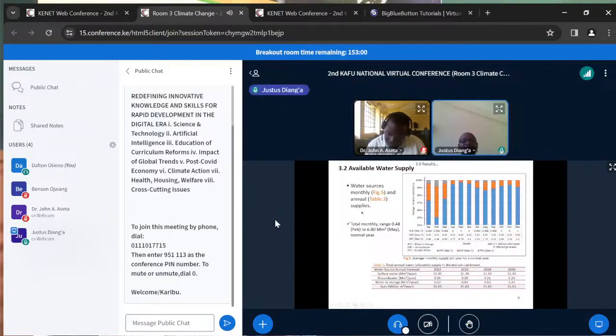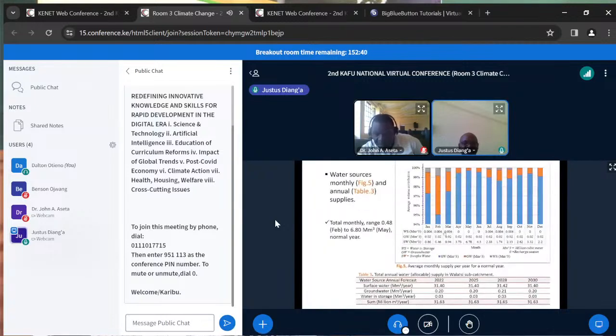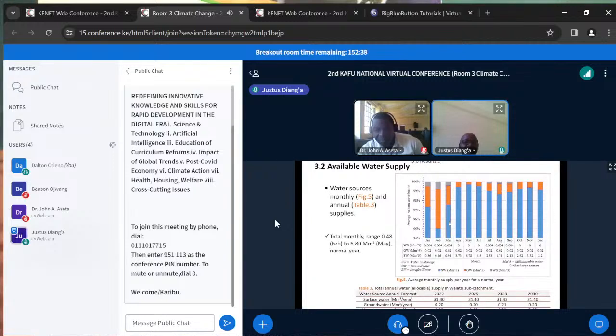Water supply sources that we analyzed, the surface water, the analysis gave us results which were put into monthly and annual outputs. And from the figure we are seeing here, figure 5, showing us the average monthly water supply per year for a normal year.